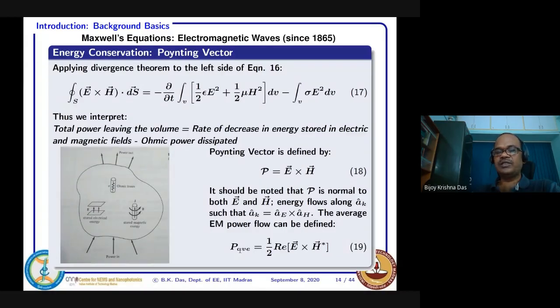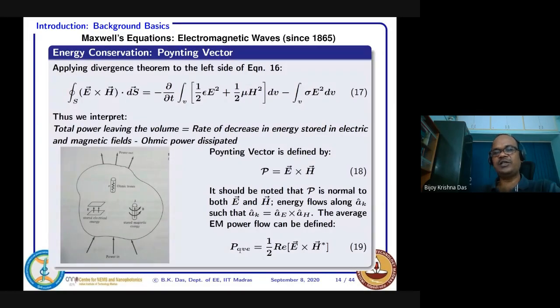So you need to understand that an electromagnetic wave, even if there is no source, can travel without any problem in free space and homogeneous medium. It can travel, it can carry energy, and that energy you can estimate if you have the knowledge of the electric field function and magnetic field function.